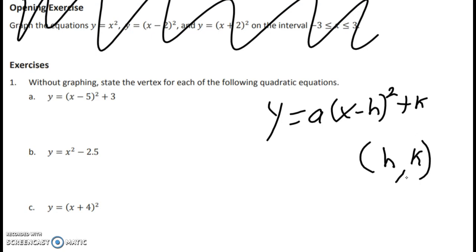The most often confused portion is this x minus h in parentheses. The h is the number there. The sign does not stay with it. So in this first example, the x coordinate would be 5, and the y coordinate would be 3, and that is the vertex of that parabola.